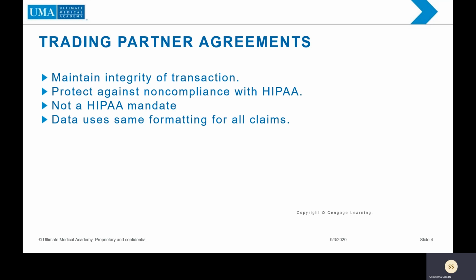One of them is to maintain the integrity of that transaction, making sure that it is being sent or submitted with integrity, with keeping that information private. Another is to protect against any kind of non-compliance with HIPAA.